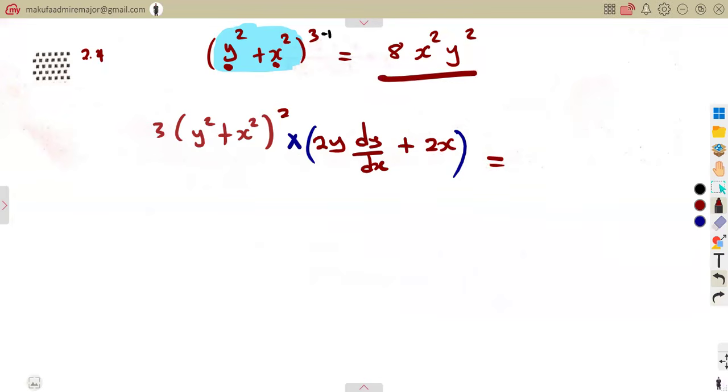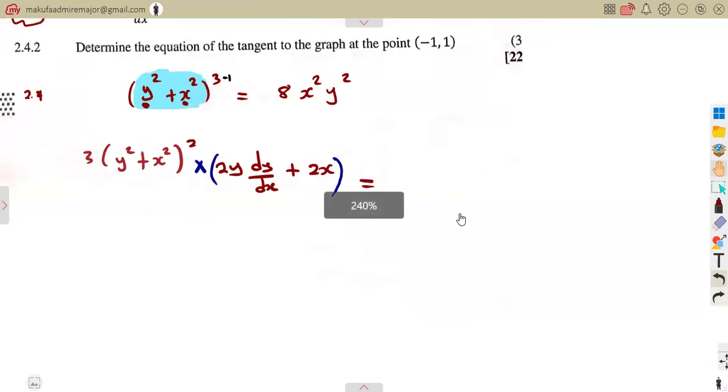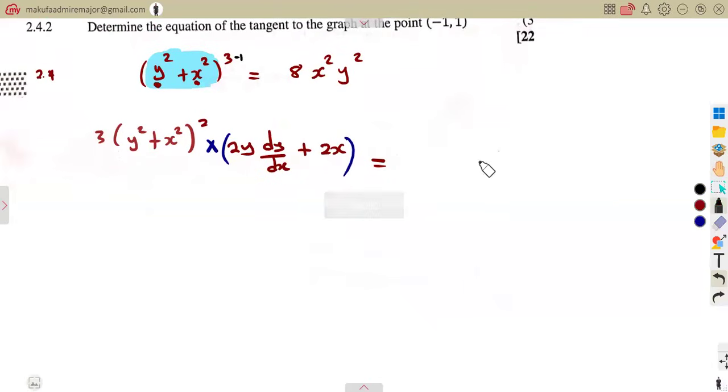On the right-hand side, there is a product. This one now is a product. So remember the product rule. You're going to take this as my u and this as my v. u, the first derivative of v, plus v, the first derivative of u. So our u, that is 8x squared, times the first derivative of v. v is y squared, just like how you differentiated this y squared.